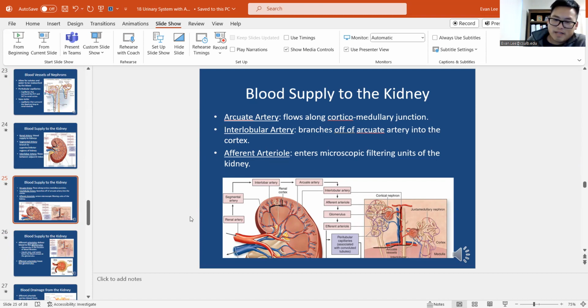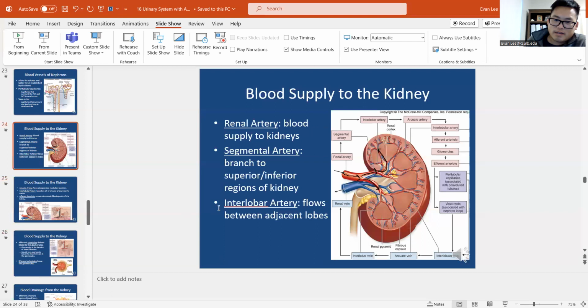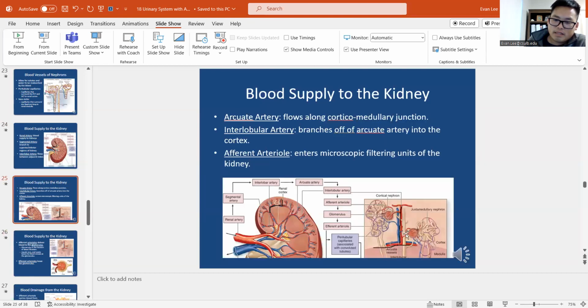Now remember, we had one in the previous slide called interlobar. These smaller ones are called interlobular. I'm sorry, it's just how it is, but remember, the longer the word, usually the smaller it is, and in this case, it's no exception.